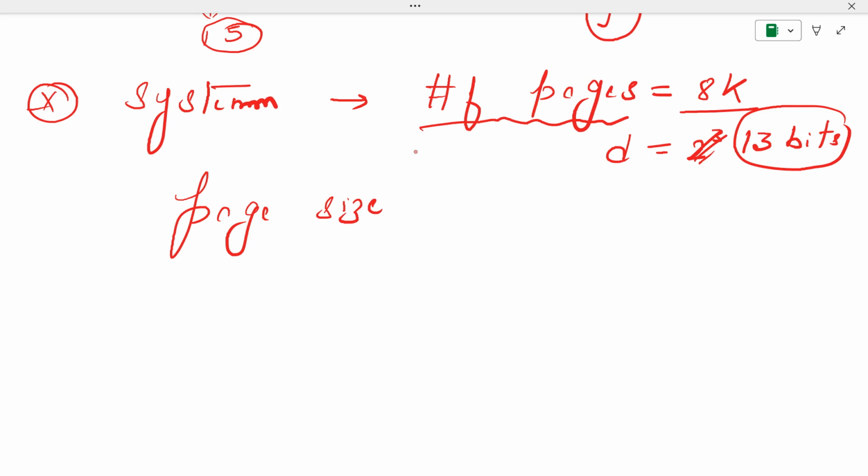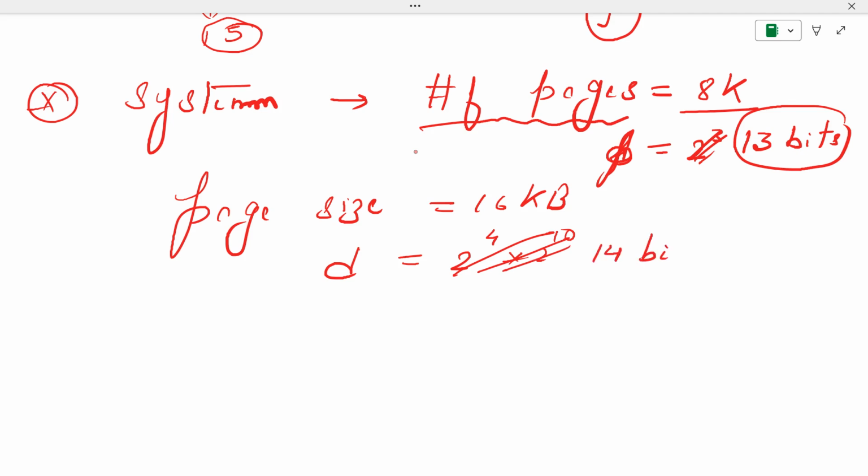Sorry, it's not D, it's P, right? Number of pages. Now page size is given as 16 KB, and from here you can calculate D, that is 2 raised to the power 4 into 2 raised to the power 10, that is 14 bits. So D is 14 bits, and the number of pages is already given, that is P, 13 bits.